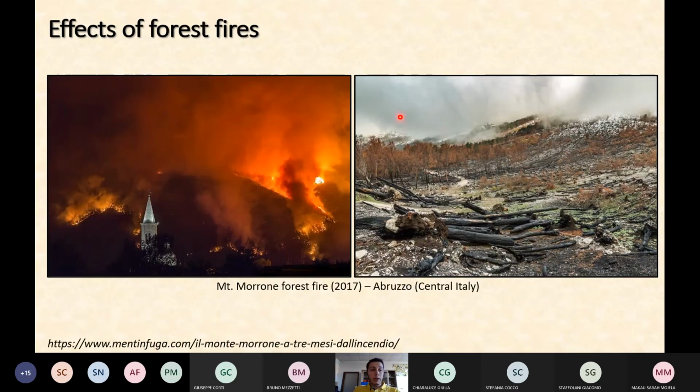We are now going to see some effects of the forest fires, like in the Mount Morrone forest fire that happened in 2017 in Abruzzo, and that depended largely on the climate conditions at that time, but was also affected by the dense forests and the fuel accumulations present in the forests that were affected.